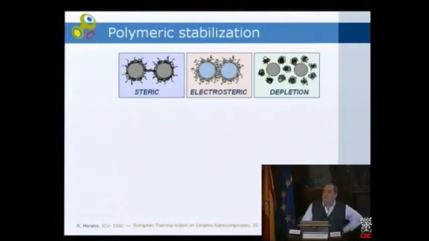Another way for stabilizing the suspensions in ceramics are the polymeric stabilization mechanisms. I consider three mechanisms. The first one is depletion, in which polymers are free in the medium, but this is only effective if the polymers are in very high quantity, so it's not good for suspension; it is used when the polymer is a carrier material for the ceramic powder.